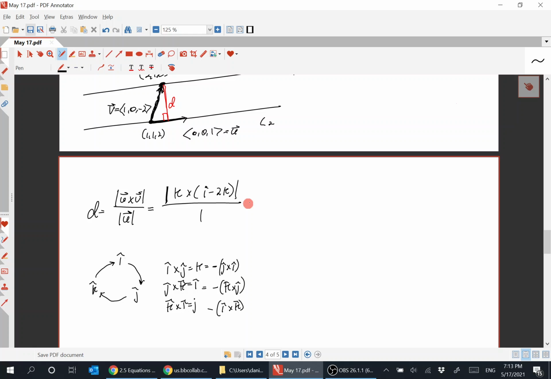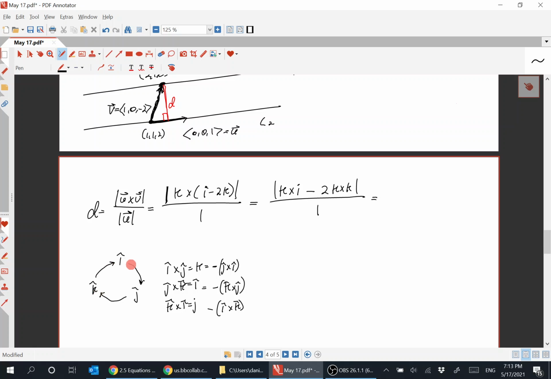So I'm going to do the calculation this way. And then, you have distribution over addition. So this is k cross i, and I'll skip the hats for now, minus 2k cross k over 1. Right? What's k cross i?